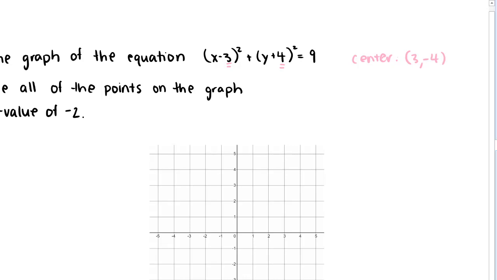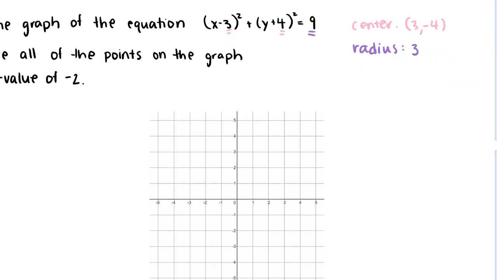Notice that it's the opposite signs here of our -3 and our +4 because of the subtraction that comes from the distance formula that's incorporated into this equation. And then next we see that the radius is 3. That 9 is the radius squared, and so our radius is 3.